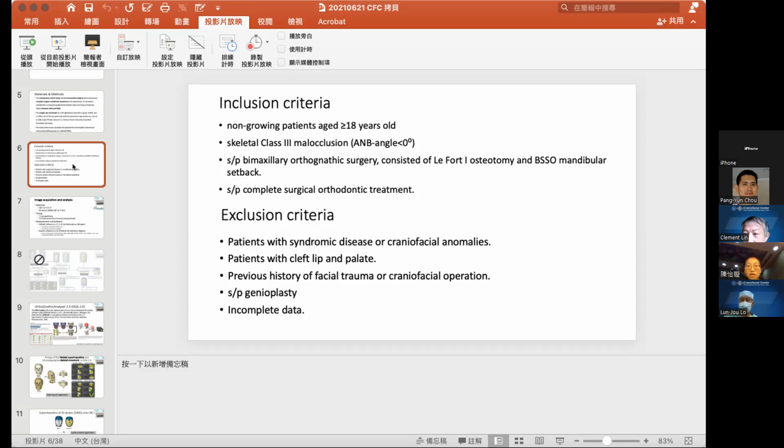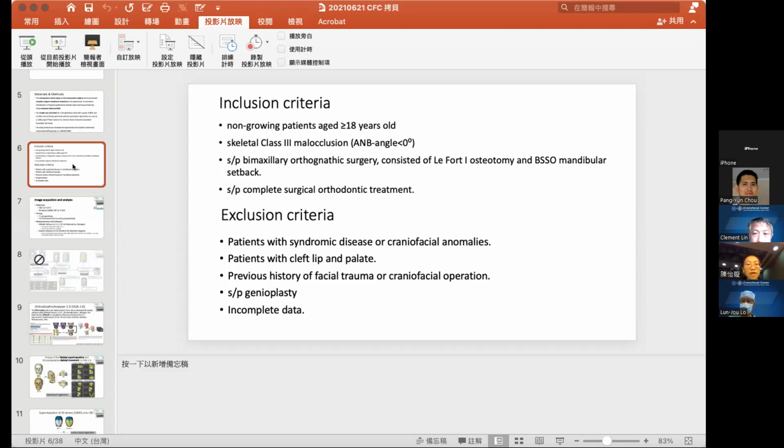Yes, thank you, Dr. Lee. Because this is a retrospective study, we included consecutive class 3 patients from 2014 to 2019. And actually, we excluded a lot of patients. If the patients had a genioplasty, they were excluded.